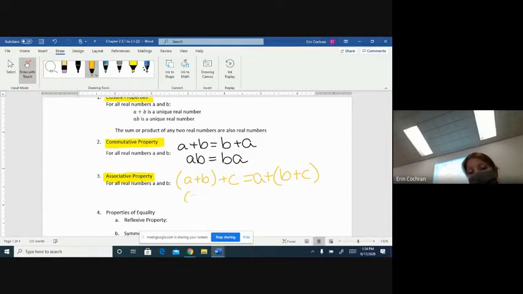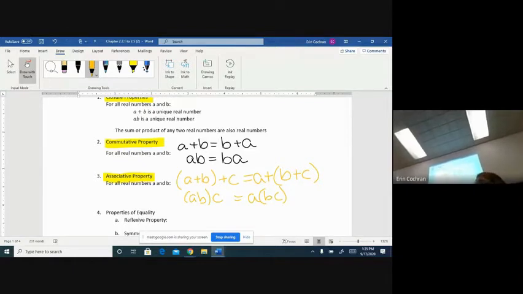Same thing with multiplication. A times B, then times C is going to be the same thing as B times C, then times A. And I just moved the parentheses in this sense instead of switching the order. But the parentheses says I would have to do it first, right? Okay.